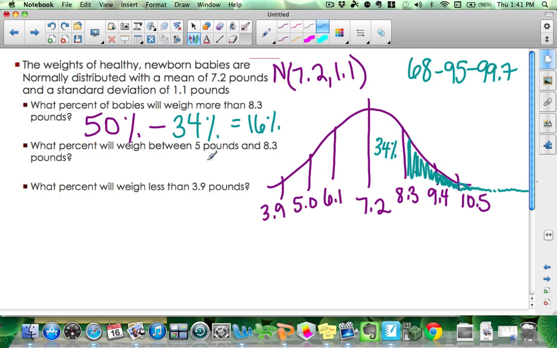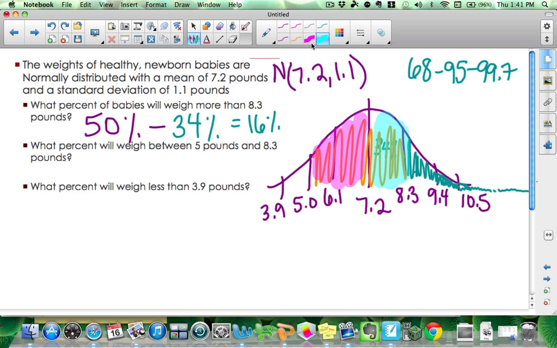Second question, what percent of babies will weigh between 5 pounds and 8.3 pounds? So let's use a different color. From 5 to 8.3. So I want everything in orange. For this, I think for me it makes the most sense to think of this as an addition problem. I'm going to add together this section over here and this section over here.